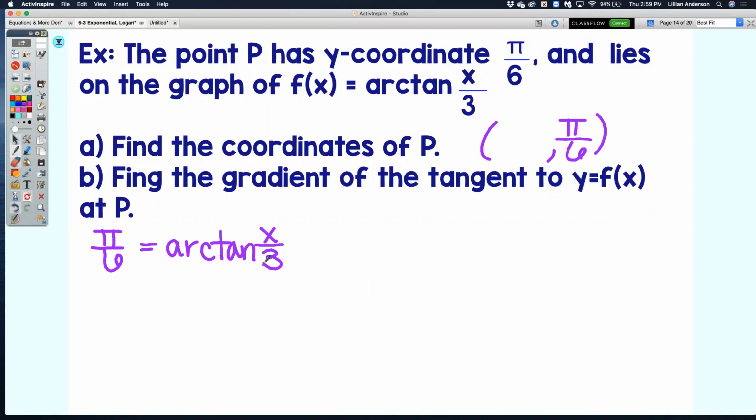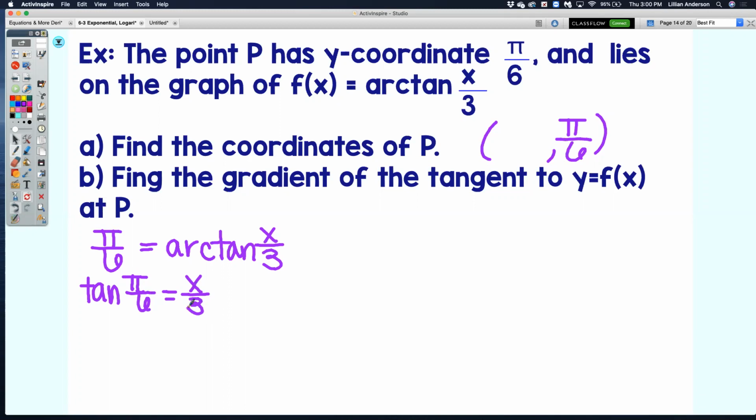Arctangent is the inverse of tangent, so to solve for x, I need to do the opposite, which is regular tangent. By applying tangent to both sides, I cancel out the arctangent on the right-hand side.